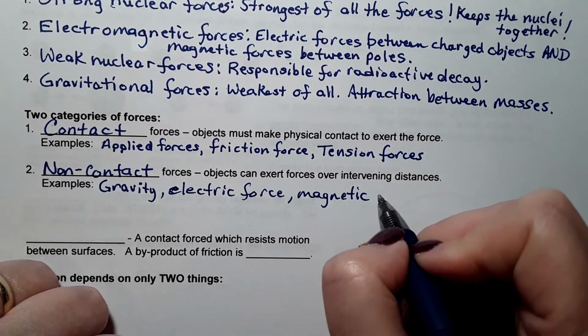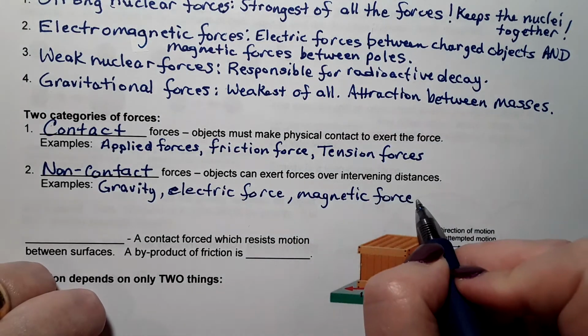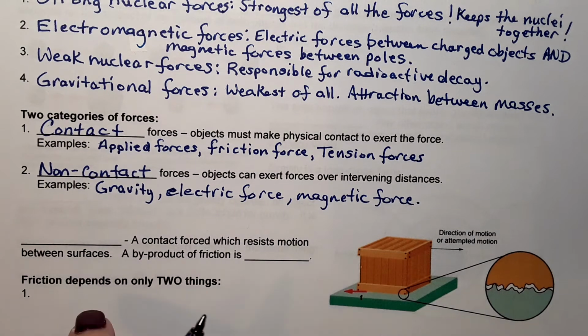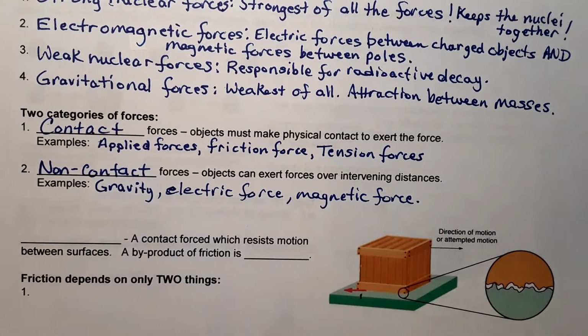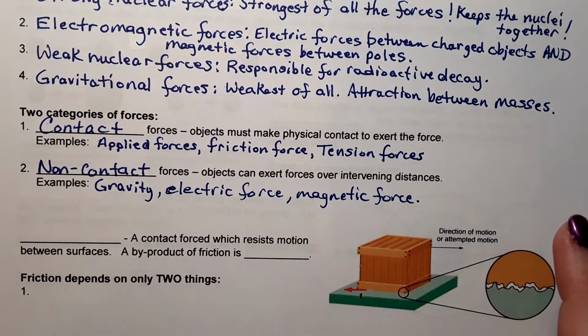And you're going to see examples of both electric and magnetic forces and how they work in some of your videos later. All right, so whether it's contact or non-contact, all right, forces are what change the motion of objects. And these are what we're going to be talking about.